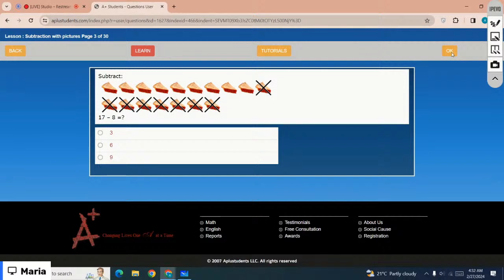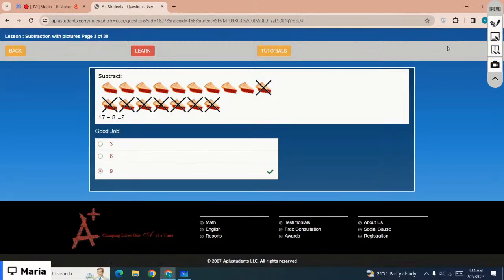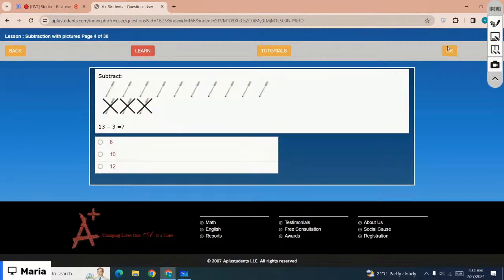So how many of them are not crossed? 9 of them are not crossed. The correct option is 9. Okay, the next one is 13 take away 3. Which is the correct option?